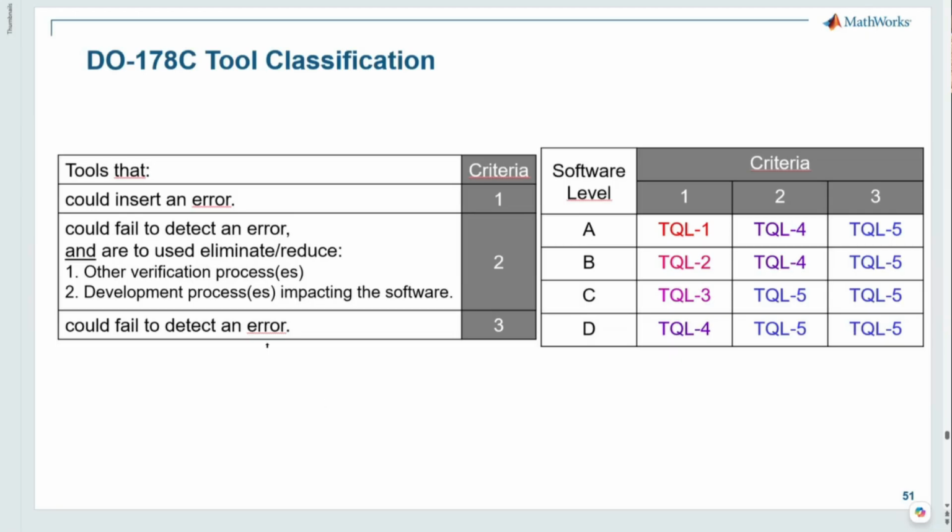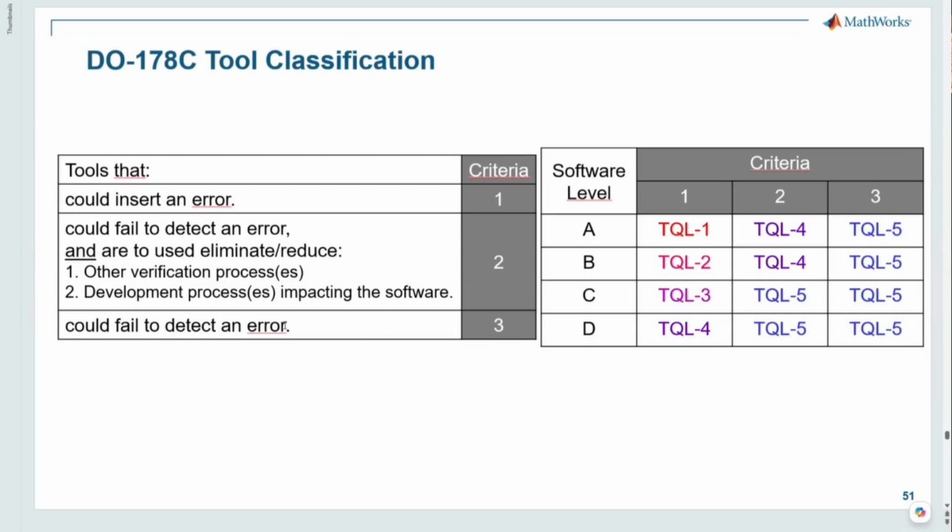And the last criteria, criteria 3, which covers all MathWorks tools, is tools that could fail to detect an error. For example, when I'm using Simulink Check to verify that the low-level requirements comply with the standard, the tool could fail to verify that I'm not complying with one standard, one rule. I'm not injecting a defect in the model, and the defect was already there, but then the tool fails to detect it. So this is the purpose of criteria 3.